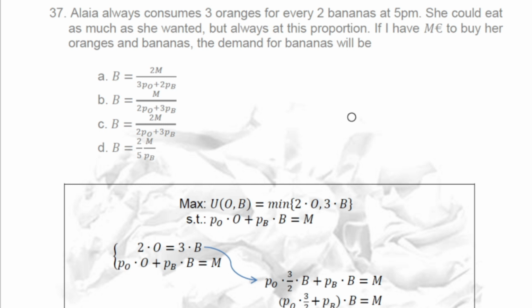The budget constraint, as I didn't give you prices, we just write this way. Now, we know that we have to equalize both components, 2o equal to 3b, and I, for example, isolate o as 3/2 b, and I carry it to the budget constraint. So here, where o was, I write 3/2 b. I take out b as common factor, and this parenthesis I carry to the right hand side, dividing.